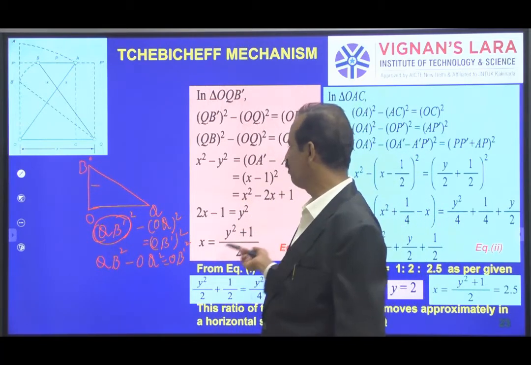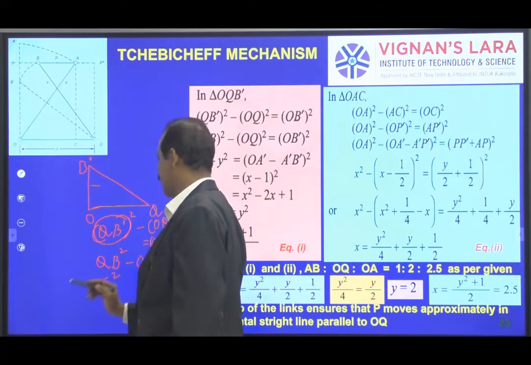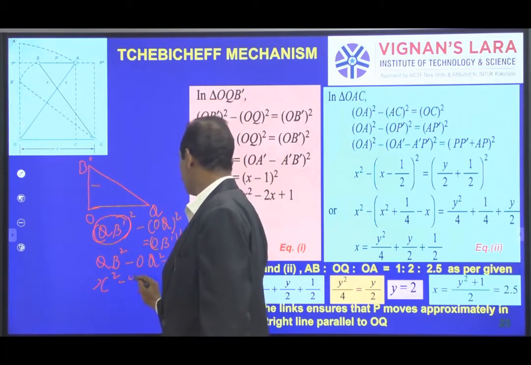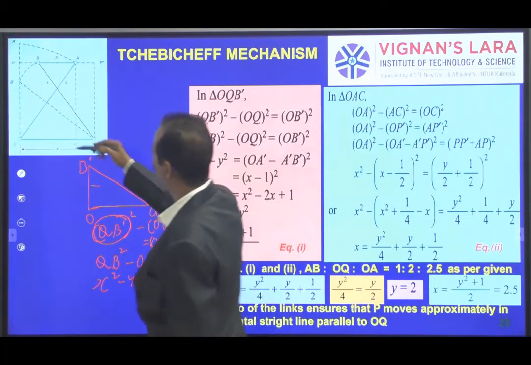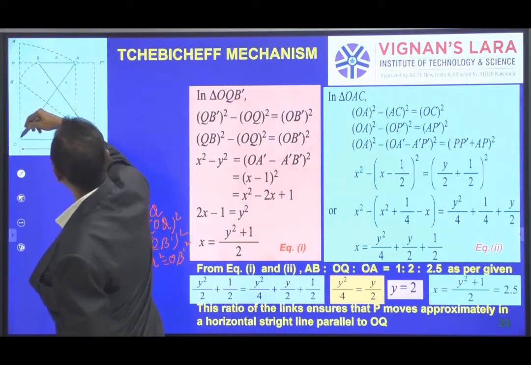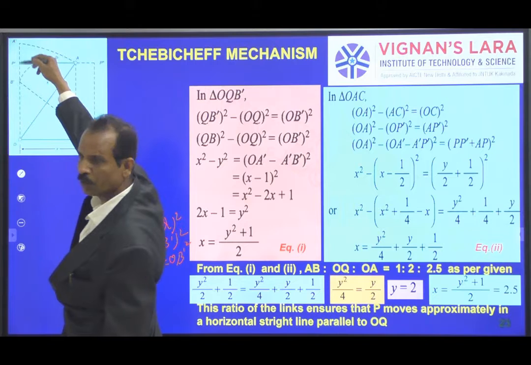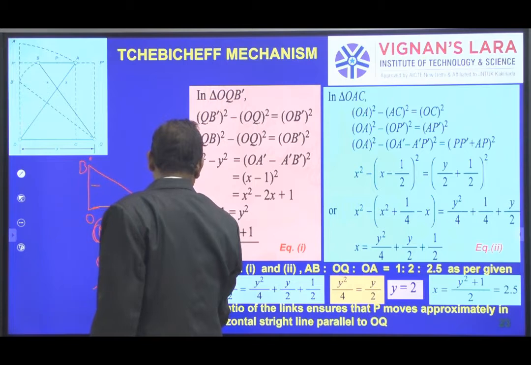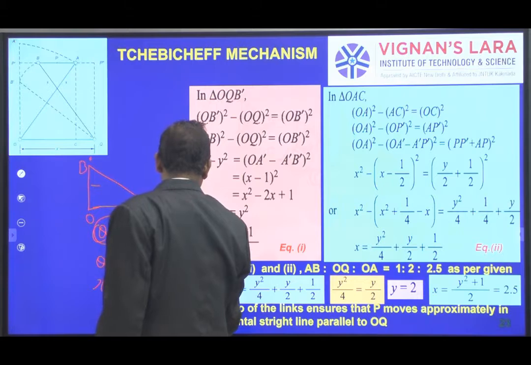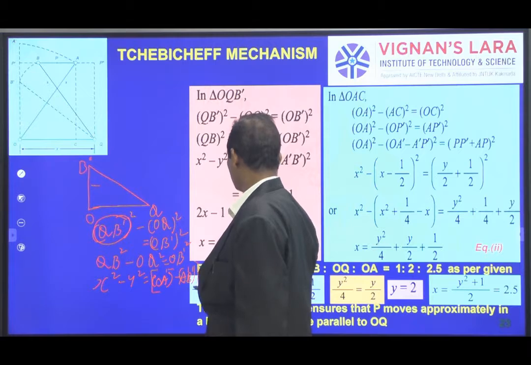Just now we have taken their values as X and Y. So this becomes X square, QB is X square, OQ is Y square. Then OB dash, how can we write OB dash? OB dash can be written as OA dash minus A dash B dash, whole square.